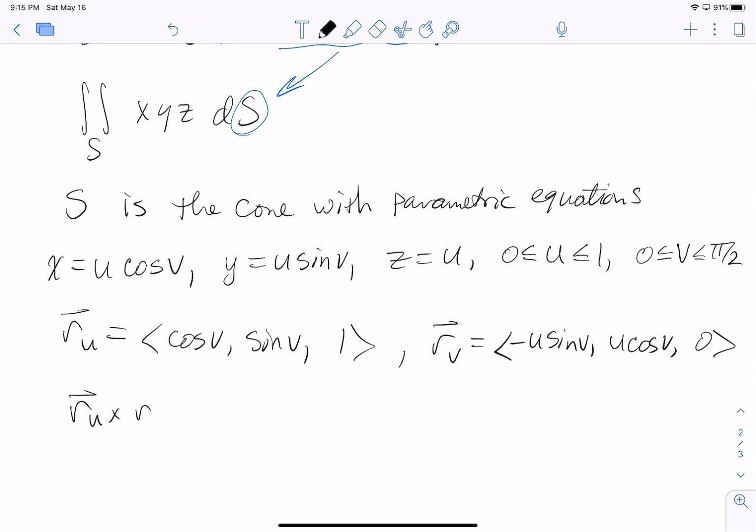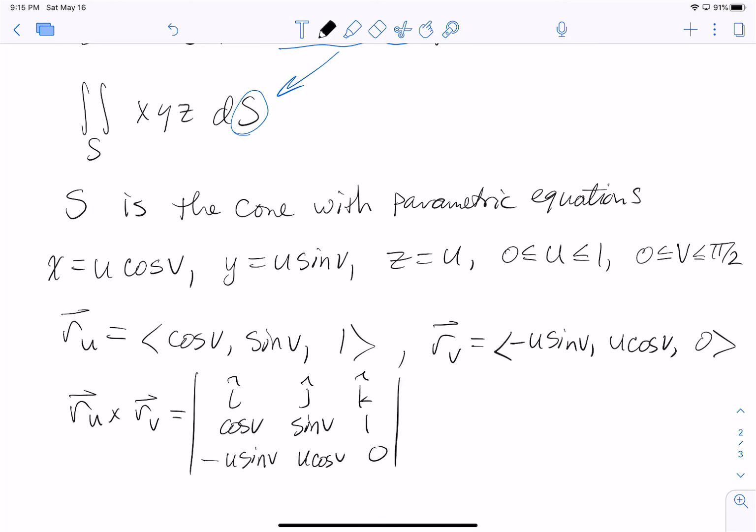Our r_u cross r_v then is the determinant with i, j, k; cosine of v, sine of v, 1; negative u sine of v, u cosine of v, 0. And you can verify that the answer here is going to be negative u cosine of v, negative u sine of v, u.